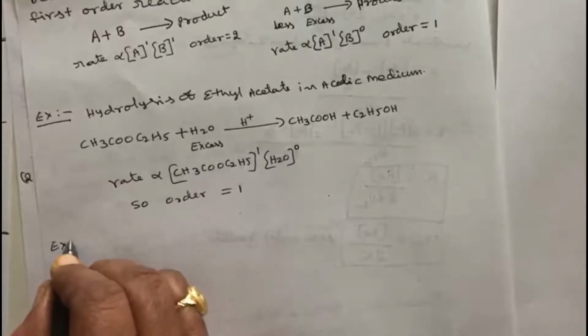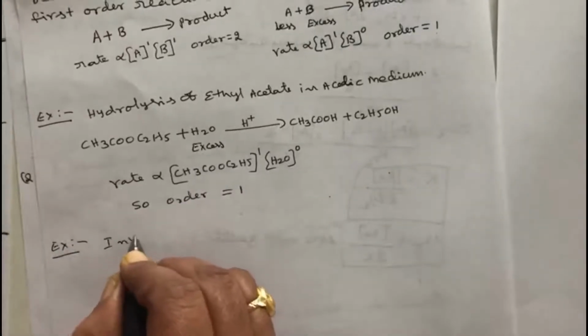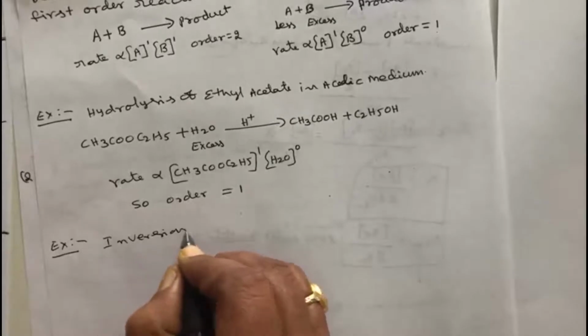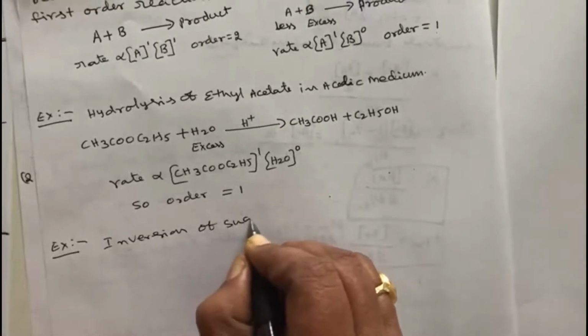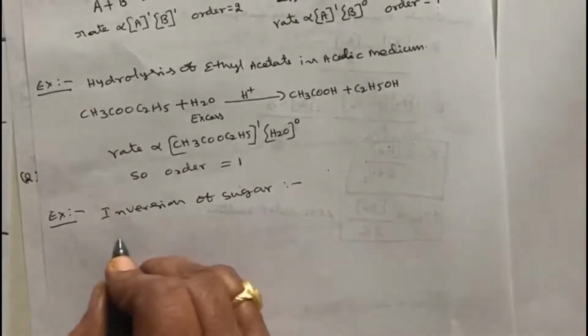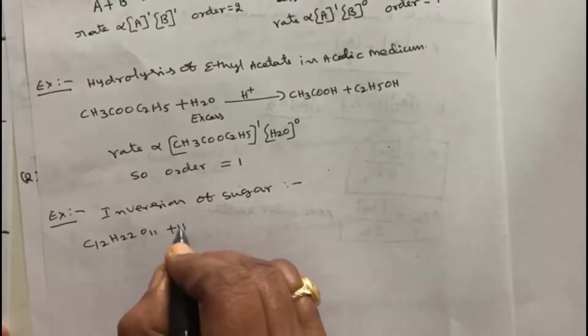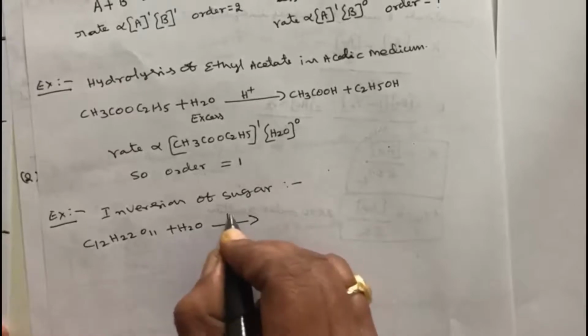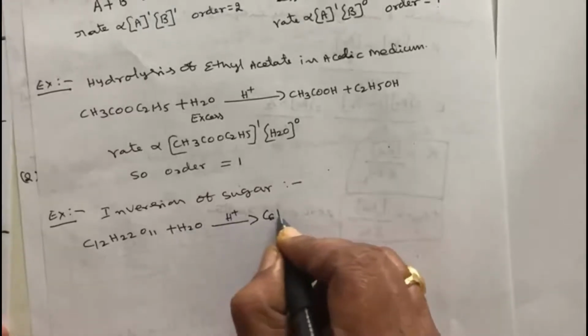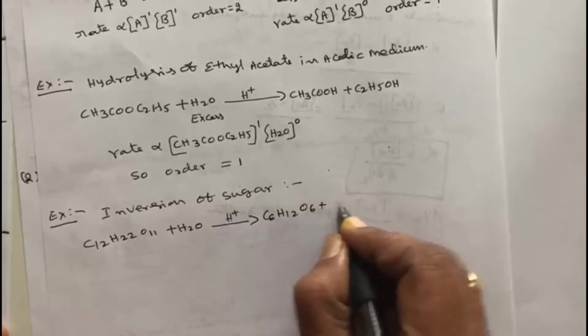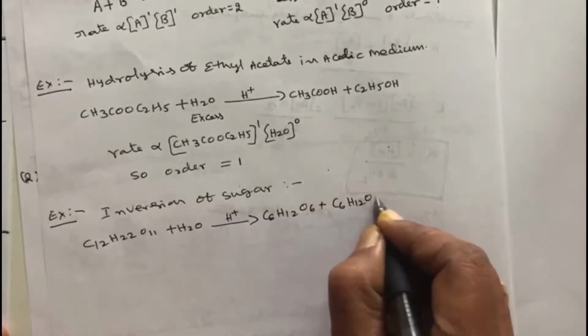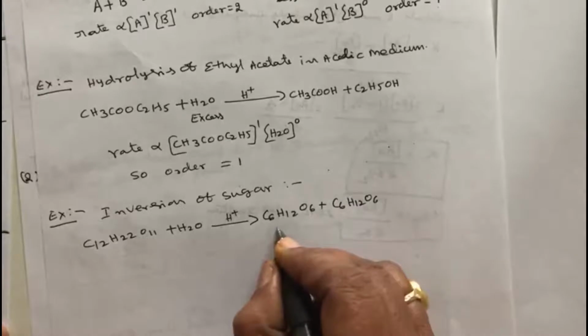I give another example. Inversion of sugar. I write the equation for this. C12H22O11 hydrolyzed in presence of acid, we get C6H12O6 plus C6H12O6. Same formula.